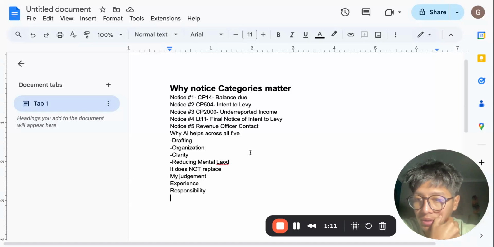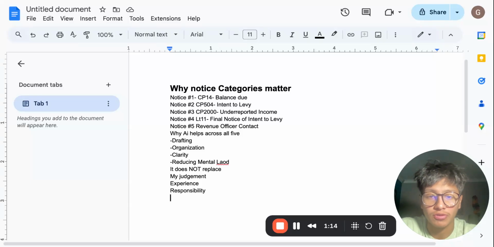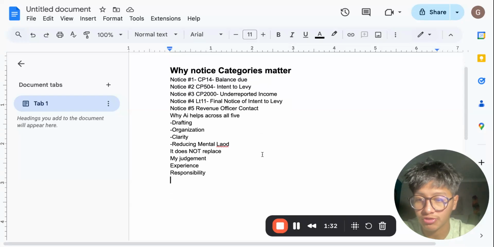So you owe them money essentially, and this is the first notice to let you know this. It's not considered super urgent in terms of collections because it's the first initial notice, so the taxpayer has time to resolve their issues before any harsher penalties apply.